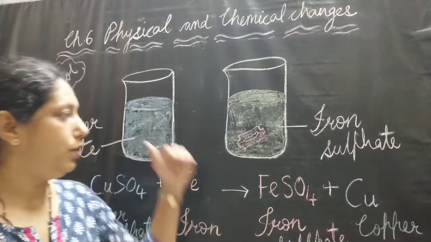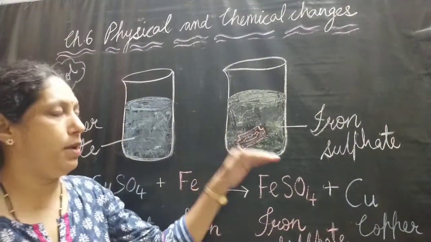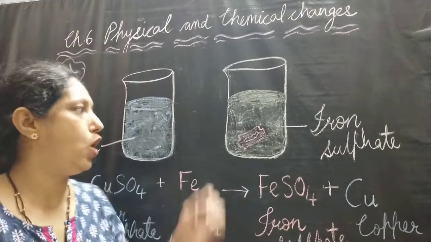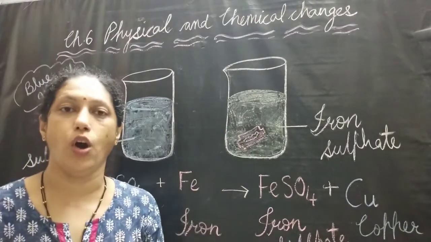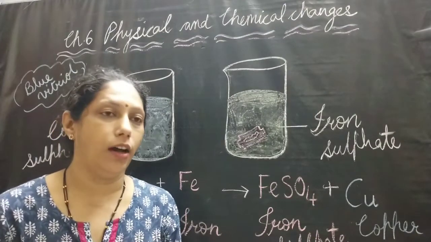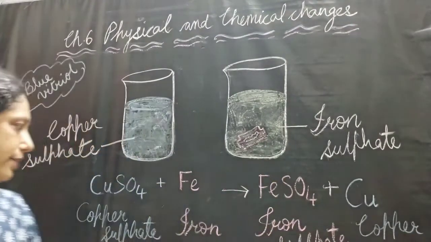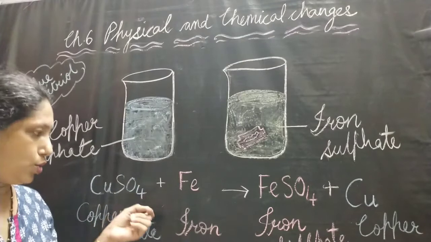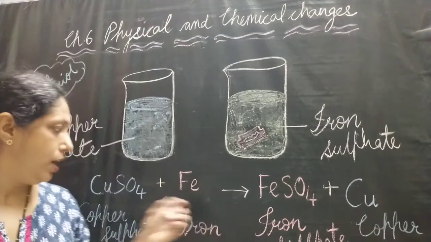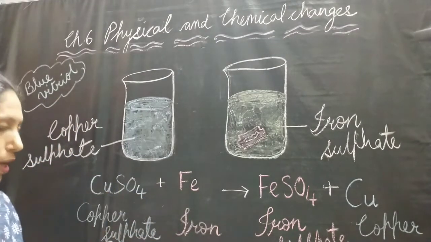If you see, the blade is becoming brownish in color, because of the deposition of copper on it. So we can write down the equation like this: copper sulphate solution plus iron. Here copper sulphate solution is blue in color.